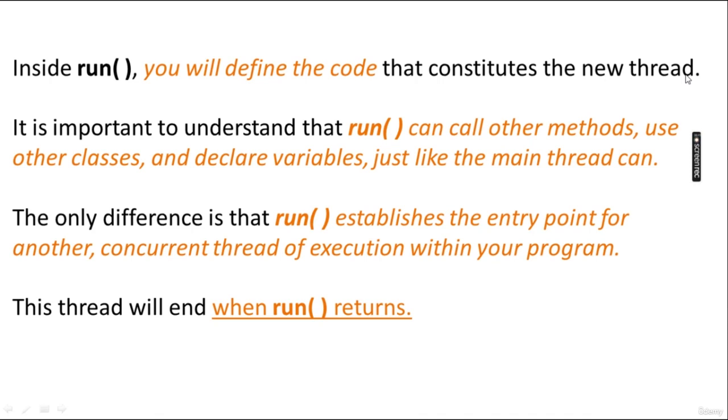It is important to understand that run can call other methods, use other classes, and declare variables just like the main thread can. The only difference is that run establishes the entry point for another concurrent thread of execution within your program.